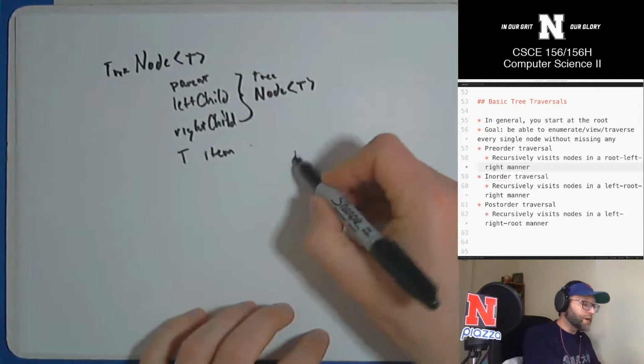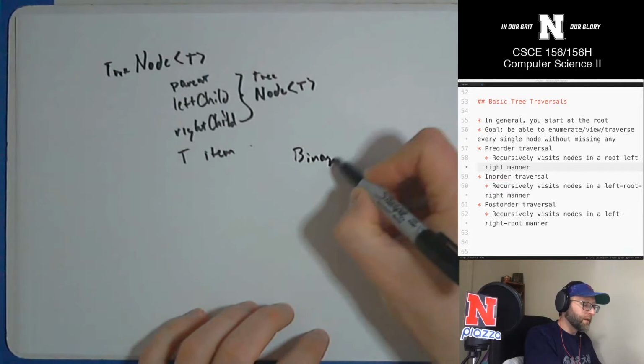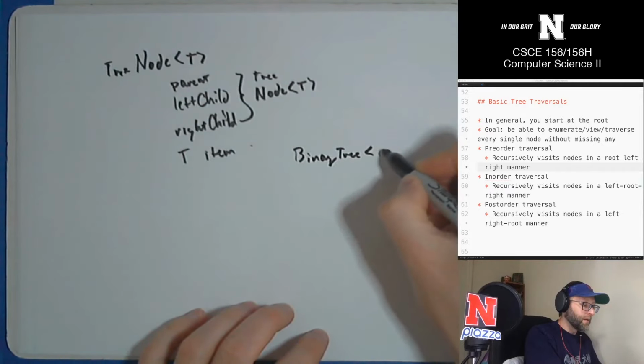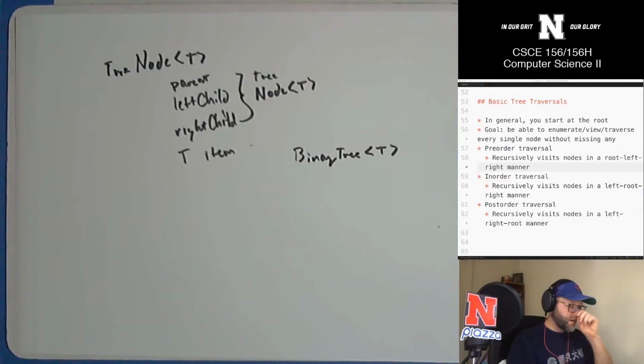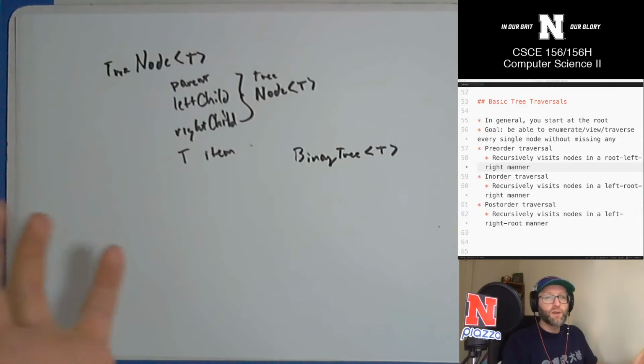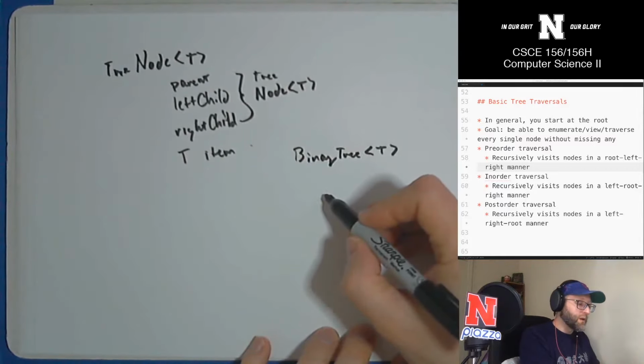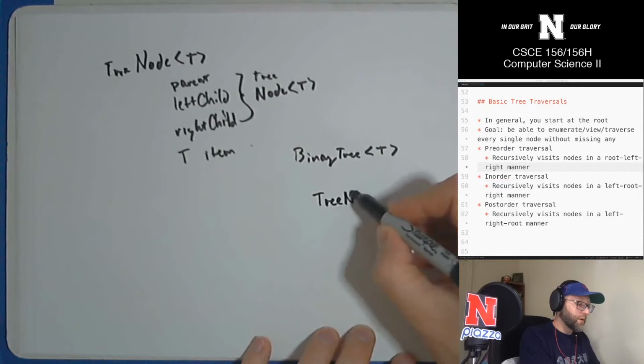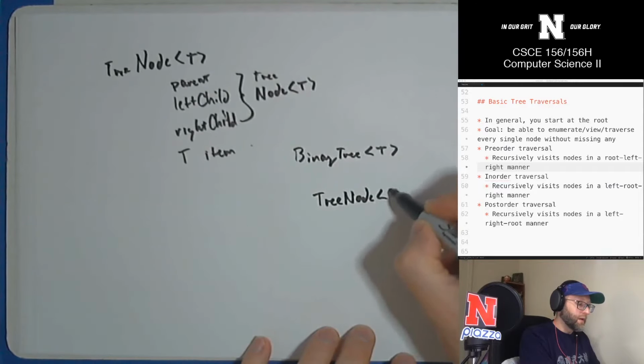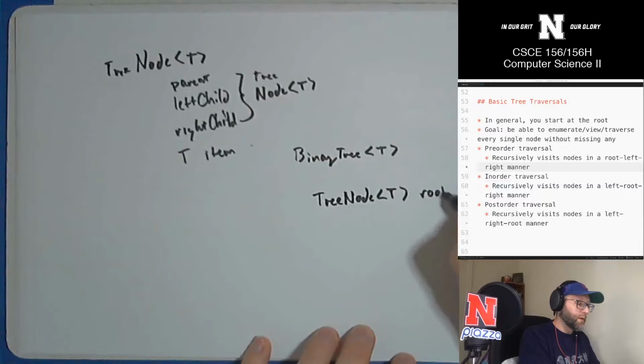So what does a binary tree implementation look like then? It'll also be parameterized. Do you keep track of every single tree node? You can, but then you're back at square one with an array-based list, right? Instead, what you want to do is keep track of the single node, tree node T, called the root.